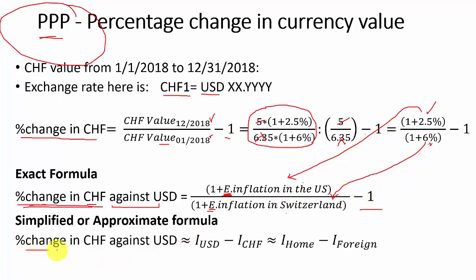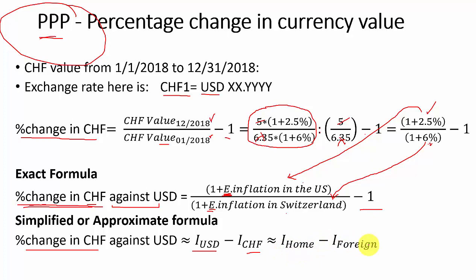It tells us that the change in value of Swiss francs equal to expected inflation in the US minus the expected inflation in Switzerland. In the book, it suggests you use US as home, so you put inflation at home minus inflation in foreign country.